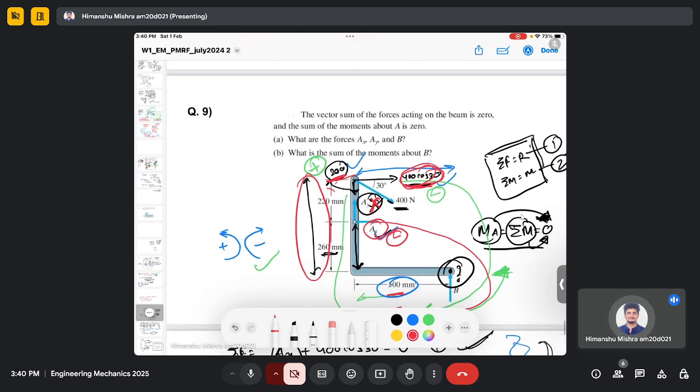So actually we said that AY will not create a moment, but AY also has a perpendicular distance actually. So this is the perpendicular distance for AY. It's similar to the 200 Newton force, because both are parallel to each other, just in the opposite direction.